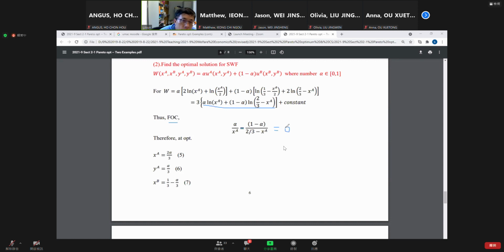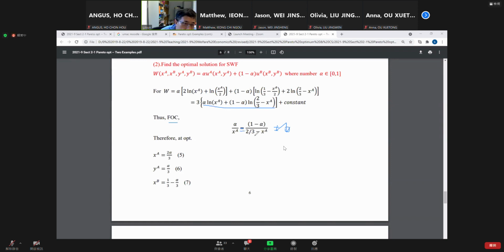Okay, then we shift this term from the left to the right. And here you can get a very simple answer. Basically, XA and 2/3 minus XA is proportional to alpha over 1 minus alpha.